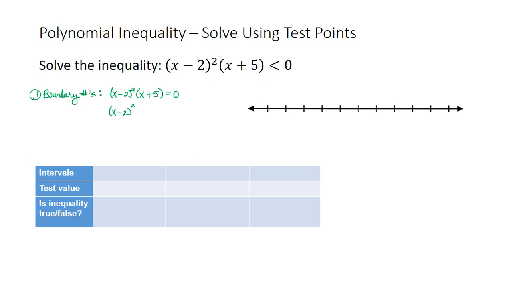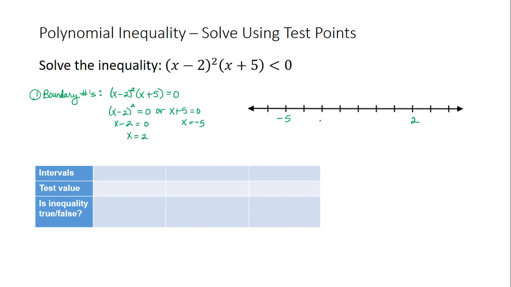So we get (x minus 2) squared equals 0, or x plus 5 is equal to 0. So the solutions are x minus 2 is equal to 0, or x equals 2, or x plus 5 equals 0 gives us x is equal to negative 5. So our boundary numbers are negative 5 and 2.